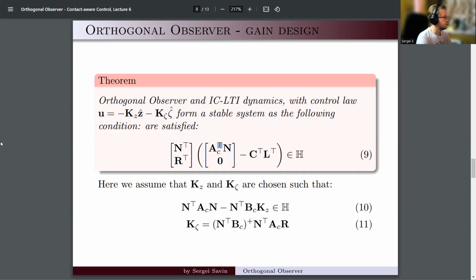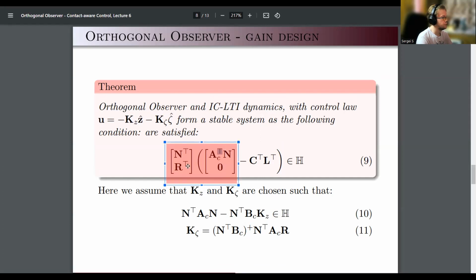How is it done? Well, here is your state matrix, this guy times this guy. This is your A. Now, here is your control matrix, which is this times this.